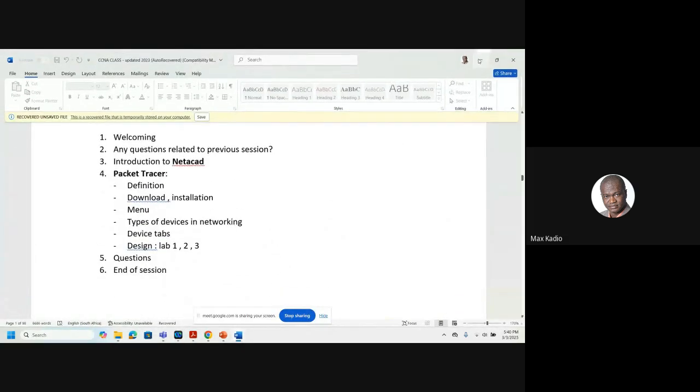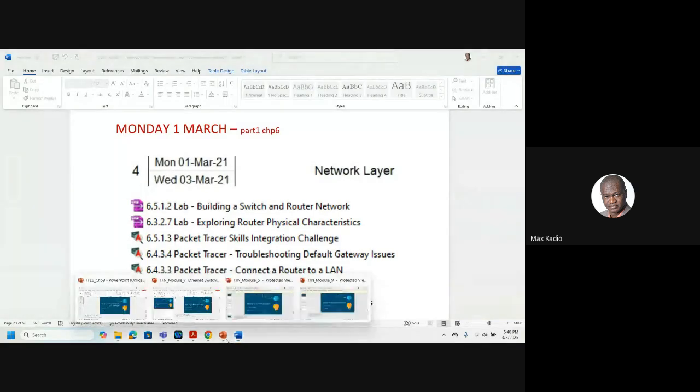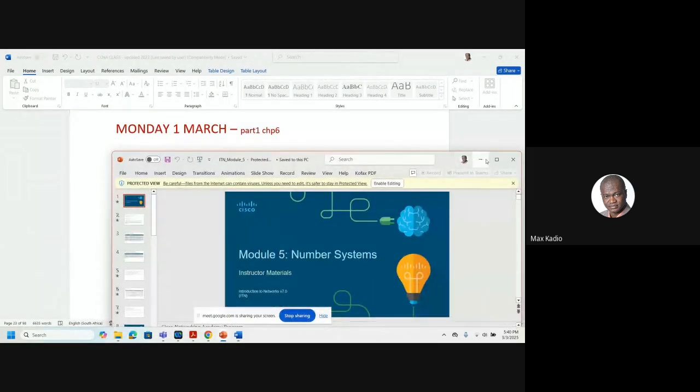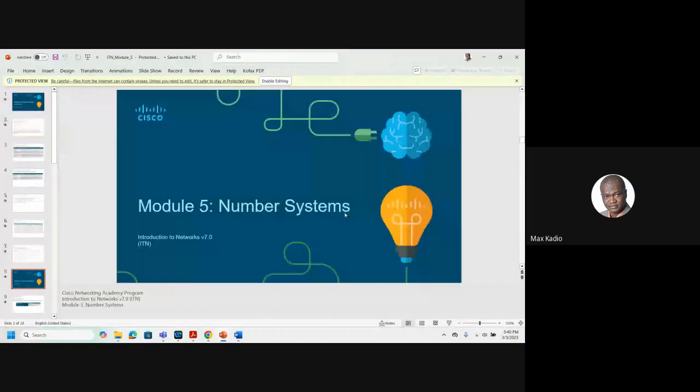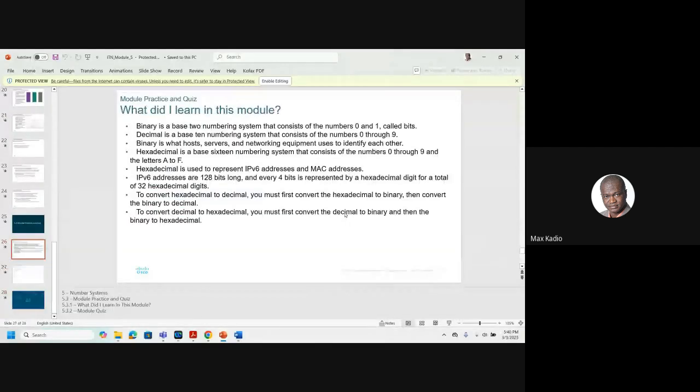Okay, guys, today we're going to do chapter 5. Let me see what I can quickly show you in that number 5. Last time I explained a bit this number system: base 2, base 10, base 16. One sec. In the meantime, please check this summary and I'll be back in 1 minute.